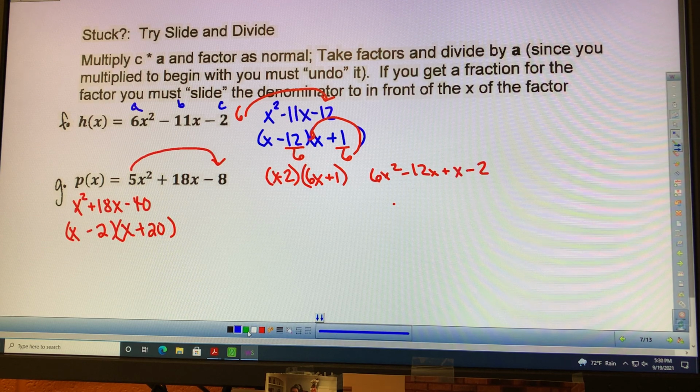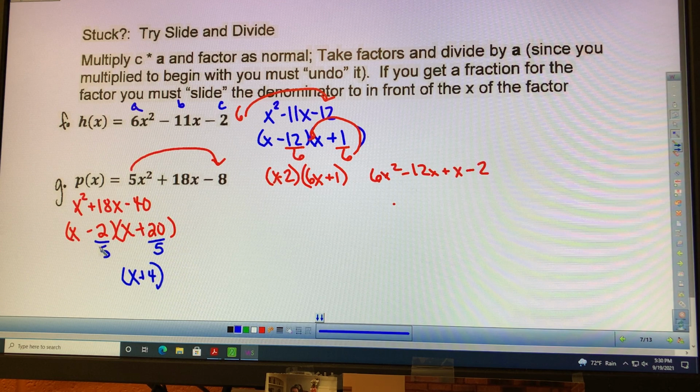Great. This is where a lot of people stop and they write this as their factors. But remember, we multiplied by 5, so we have to divide both by 5. This gives me, when I reduce this, because you always reduce it, and I get x plus 4.